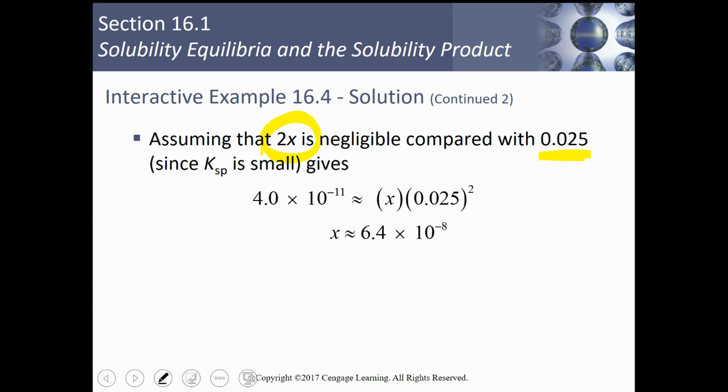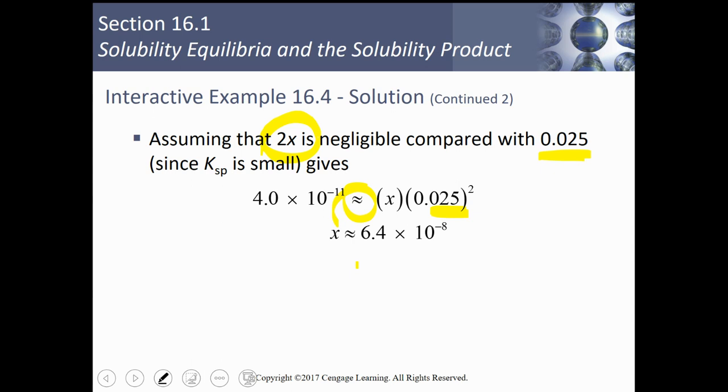The KSP is small, meaning that salt's not really going to dissolve that much. So we're going to make an estimate, changing 0.025 plus 2x to just 0.025 squared, just to make our math easier.